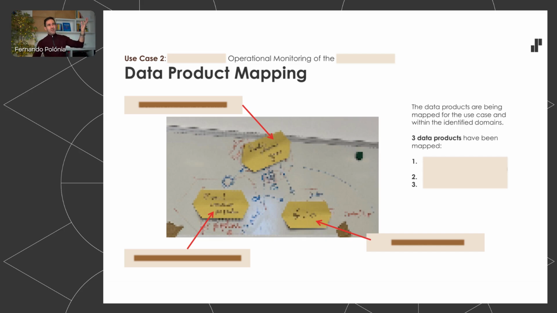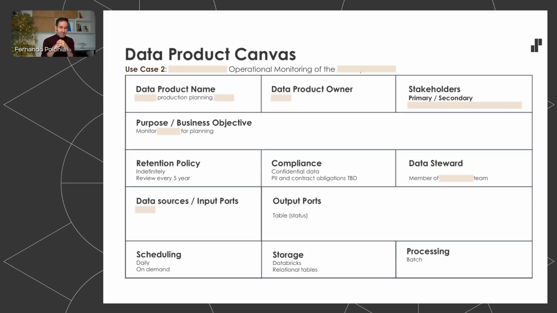So we now know which domains we have inside a department, a process, an area of interest. We know the subdomains. We know which data products. And how do we go about these data products? Once again, you get this as a kit.